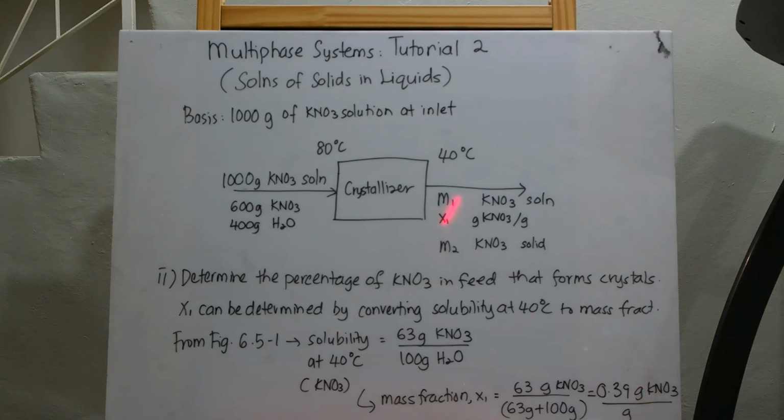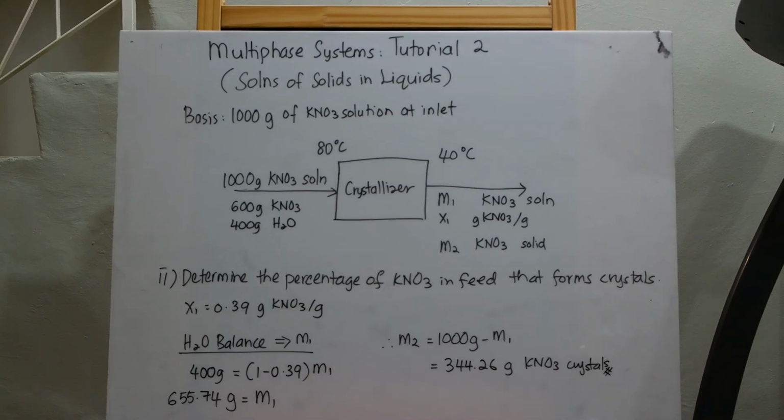So now to solve M1 and M2 is easy. We obtained x1 just now, x1 equals 0.39 gram potassium nitrate per gram. To solve for M2, the easiest way is to start with the H2O balance, because H2O only involves these two.